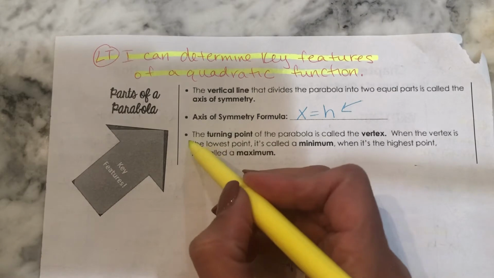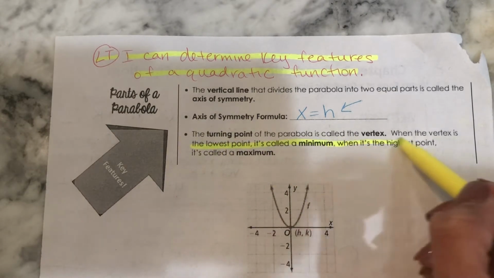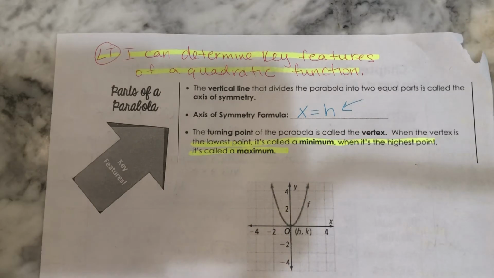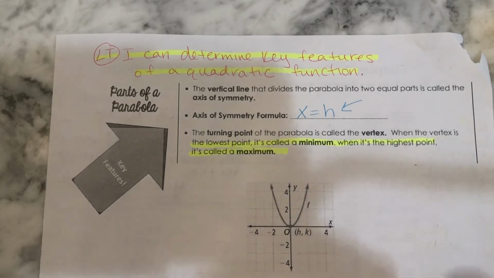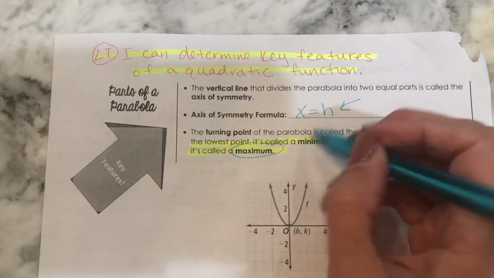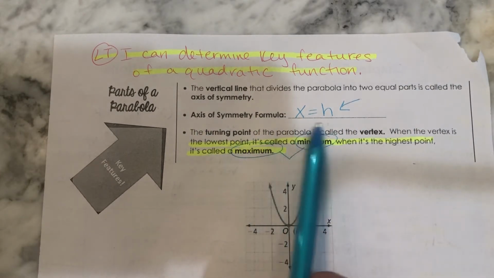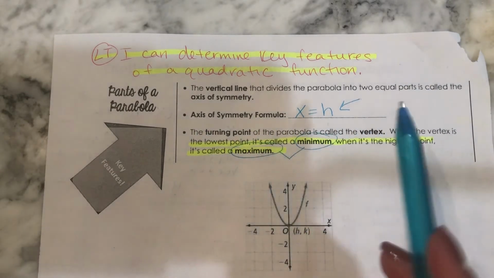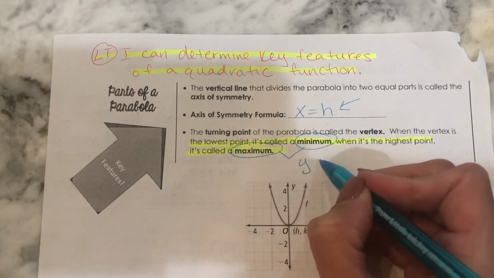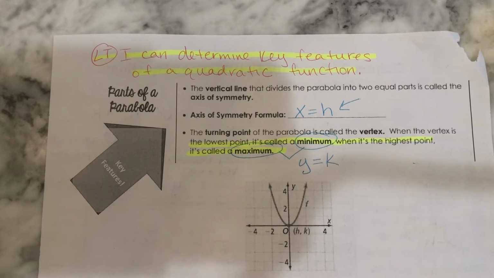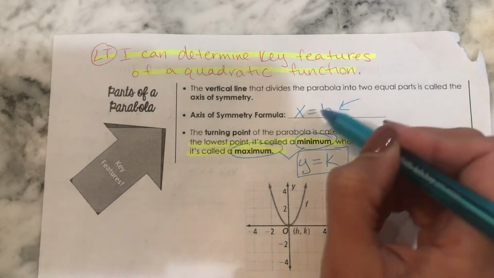And when the graph is opening down, it will have a highest point or a maximum. And these are given in terms of y. So axis of symmetry is x equals h, and then maximums and minimums are given by y equals k.